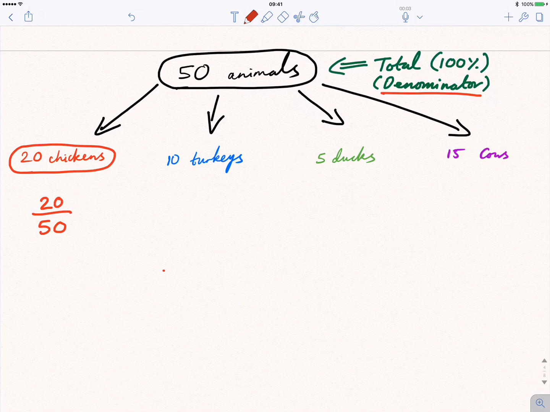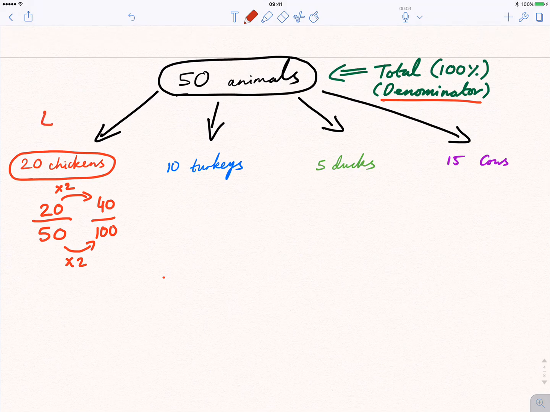Now, what is 20/50th as a percentage? Again, convert the denominator, the base, into 100. We need to multiply that by 2. So we have to multiply the numerator by 2. We get 40 over 100. Now 40 over 100 is clearly 40%. So the chickens make up 40%.